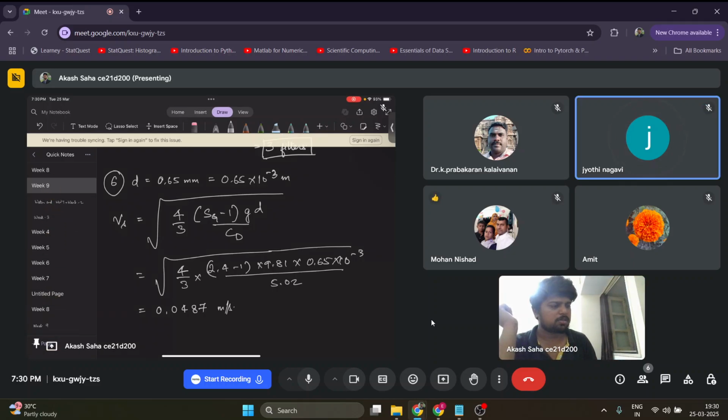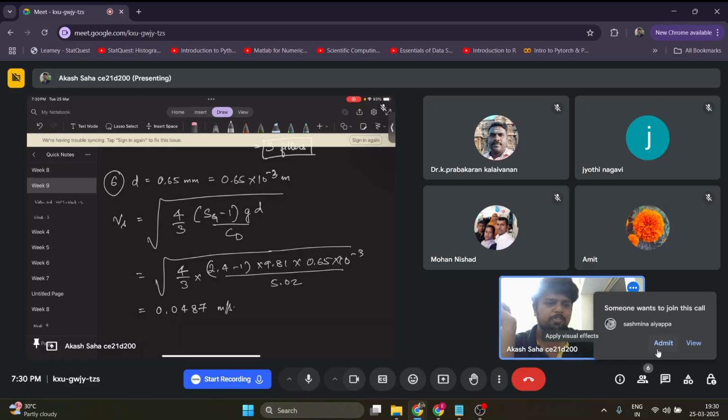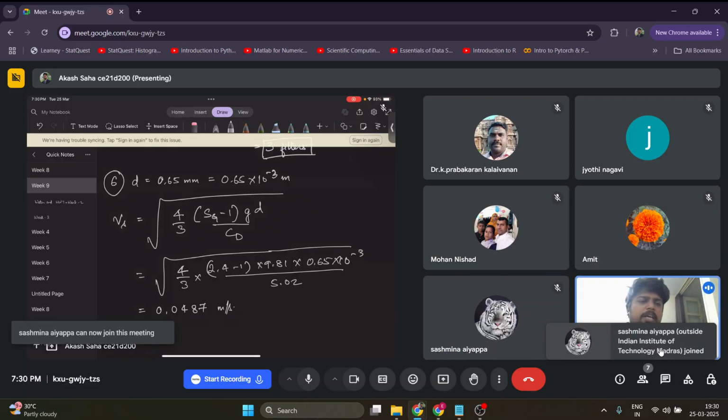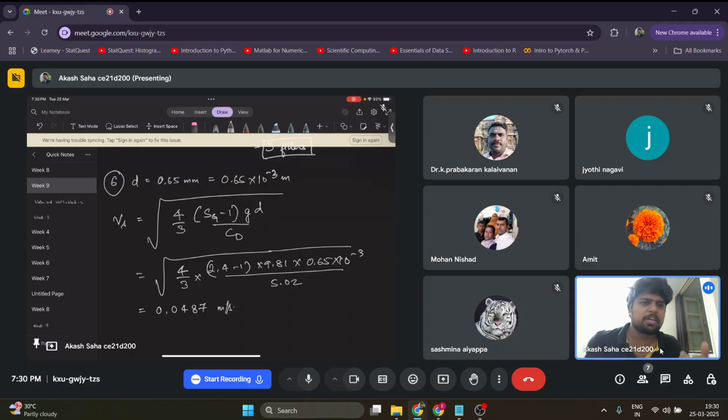Yes, sir. So I think I have shared this equation before also while I was solving a problem related to settling velocity, where we first checked the settling velocity by considering it to be discrete settling and then applied the Stokes law. Then we checked the Reynolds number. If the Reynolds number is less than 1, then our assumption is correct. And if it is not less than 1, we calculated the coefficient of drag based on the Reynolds number and then applied the general equation.